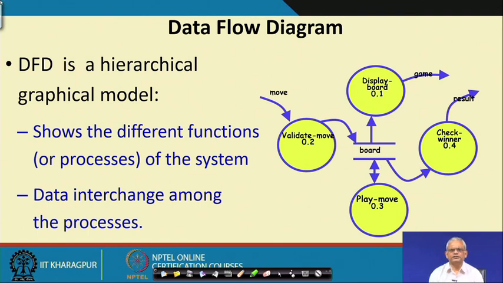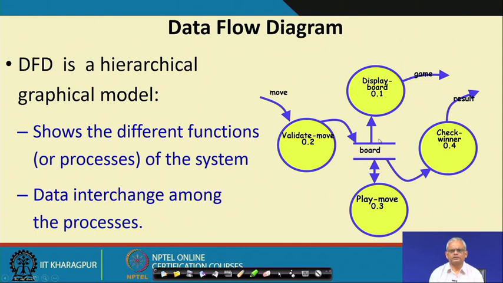Please remember that this is not a control flow model. It does not say which flow occurs first and then which one occurs next and so on. It just represents the data flow. Basically, what are the functionalities at this level and what data they consume and what data they produce.